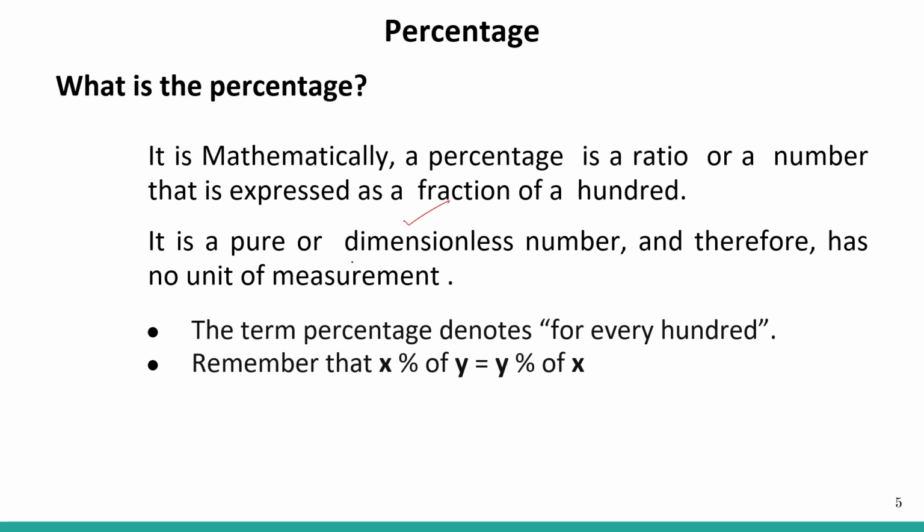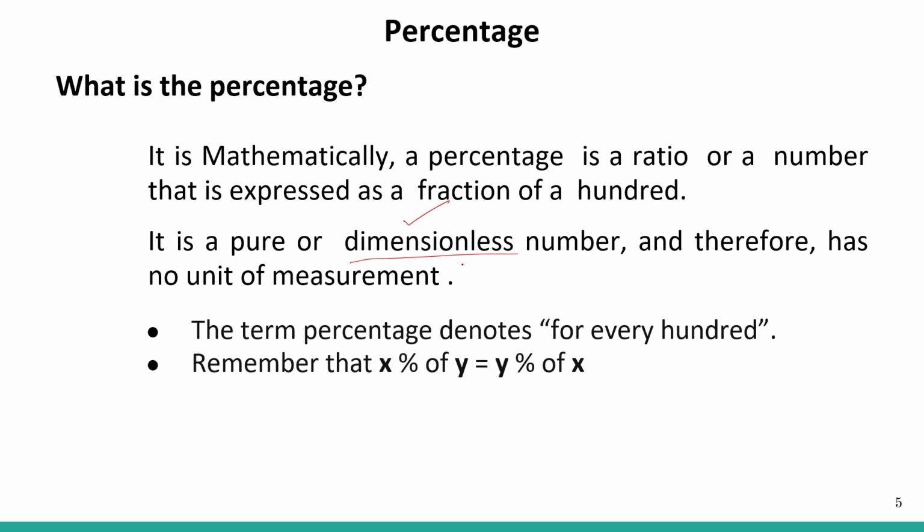The number is actually dimensionless here. You just put a percentage symbol after a number, and it doesn't represent any dimension or unit. Just like you say 2 kilometers or 2 meters or 2 centimeters, there is nothing like that for percentage. You just say 2%, 3%, or 7%. You never say any unit after that.